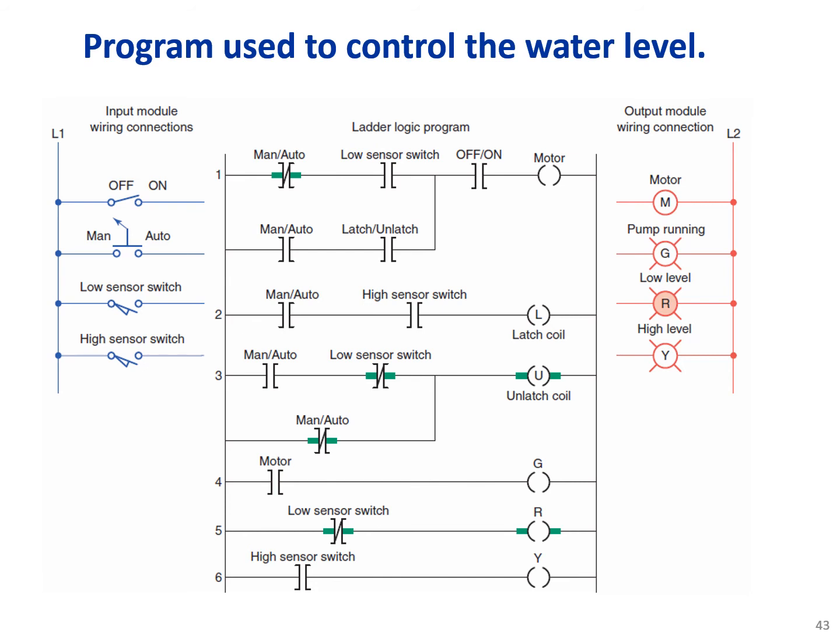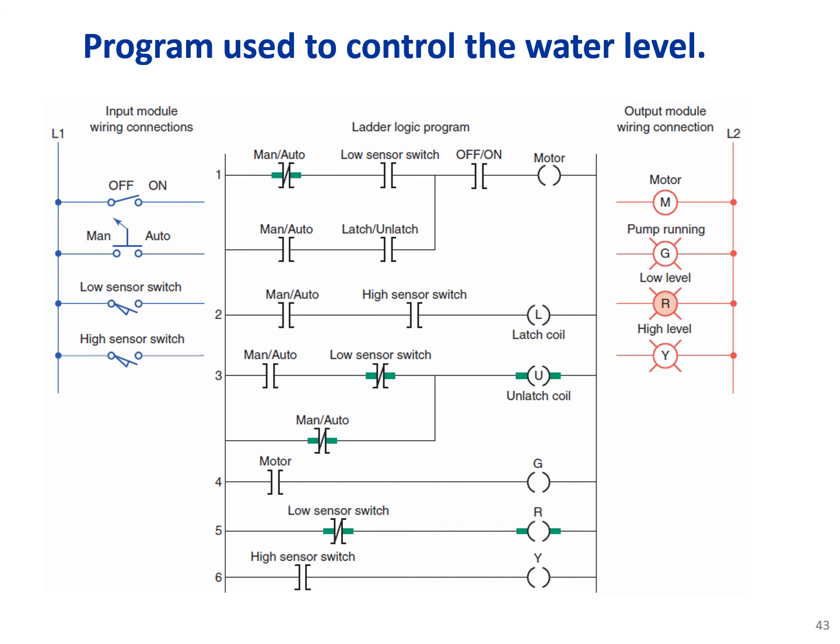command. Okay, so now let's say we are on auto and the sensor has reached the high, so it will latch the coil. It means that it will keep the coil on, it will keep the pump on, and the motor will continue running because you see the latch here is on.